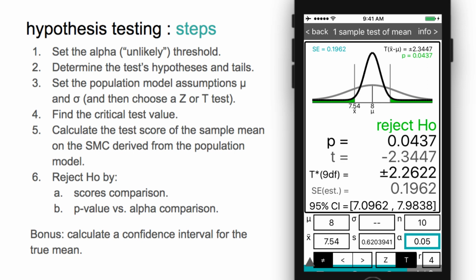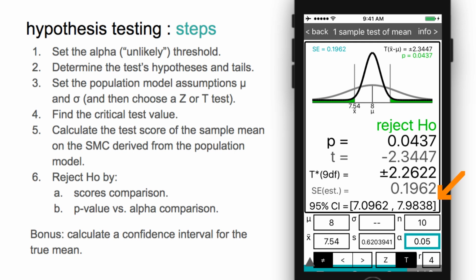We have a significant test here, rejecting Woodland Pete's authoritative claim with a p-value of 0.0437, which is less than our alpha of 0.05. And the t-score for our sample mean of 7.54 feet was negative 2.35 about, beyond the critical t of plus or minus 2.26 for 9 degrees of freedom.